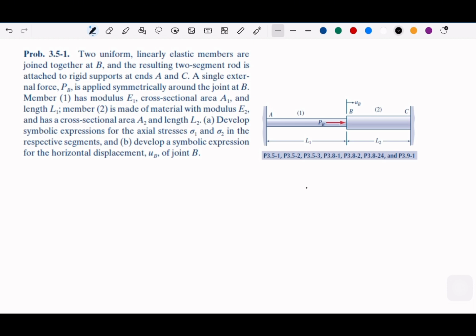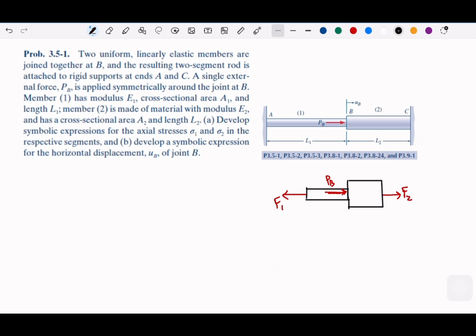So taking this cut at element 1, and then cut both sides. So I will have both reaction forces. This will be our PB. This is the reaction force for element 1. This is the reaction force for element 2.